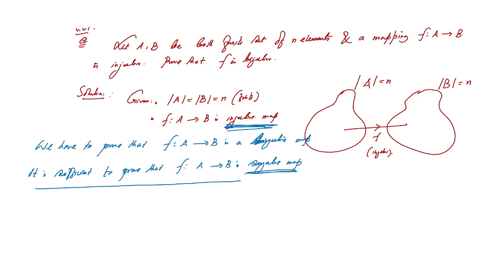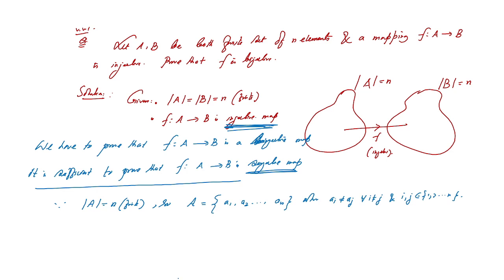Okay. So since the cardinality of the set is n, and it is a finite cardinality, we can take A equals {a1, a2, ..., an}, where the ai are real numbers and they are distinct, where ai not equal to aj for all i not equal to j, and i, j both belong to 1 up to n, because it is a finite cardinality n and all elements are distinct.